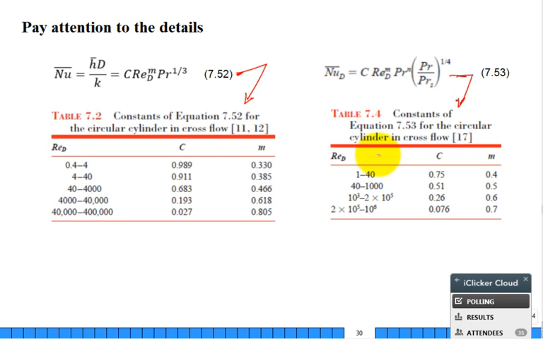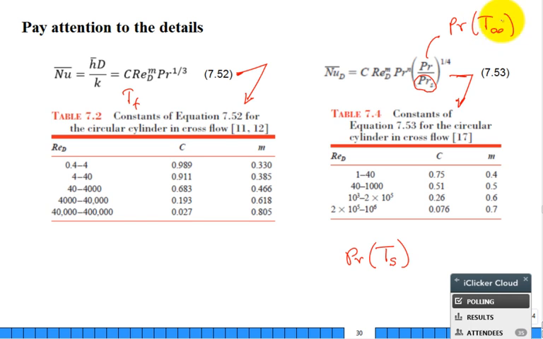Now, there's a pattern here. These are all evaluated at the film temperature. Here, I can just tell by this Prandtl number to the S. What do you think? That Prandtl number is evaluated at a temperature, but the temperature is the S temperature. What's that? The surface temperature of the cylinder. And then this Prandtl number would just be the Prandtl number evaluated at the T infinity.